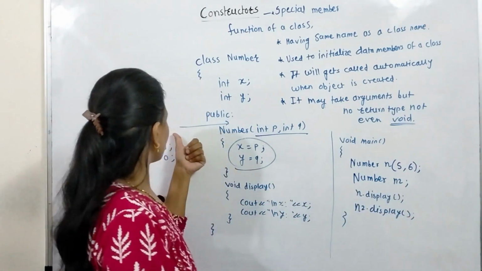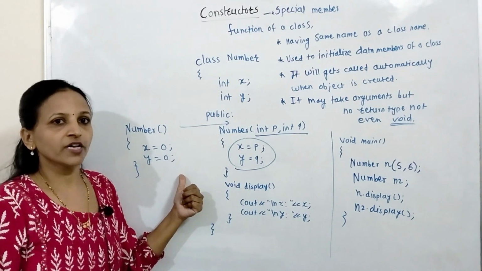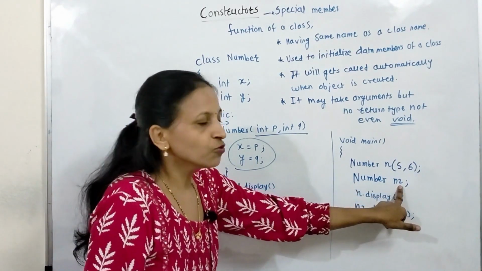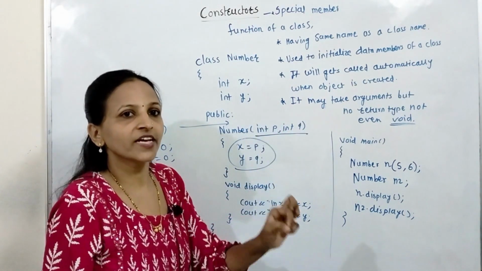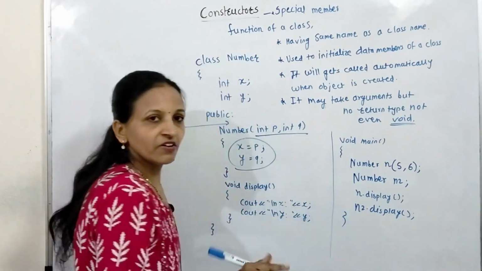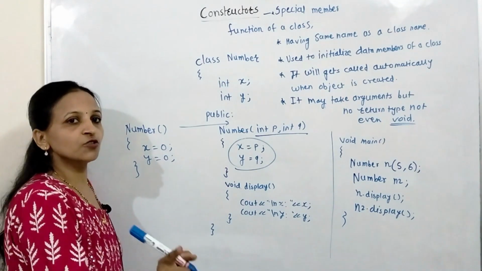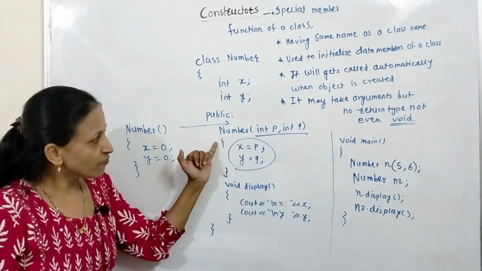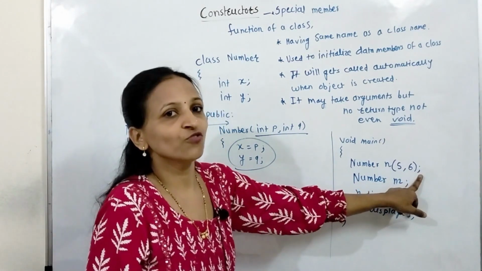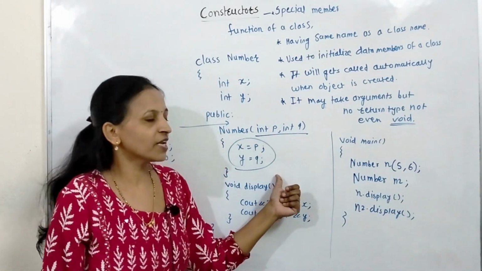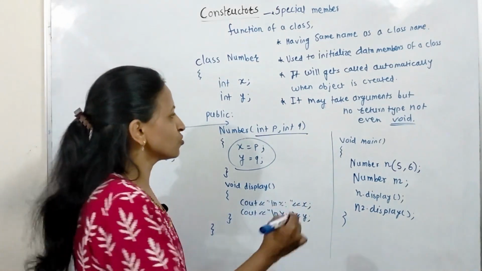That's why automatically this constructor will be called, and for n2, whatever data members x and y, to those the 0 value will get set. Means whenever we call n2.display, we will get 0 values displayed. And whenever we call n.display, automatically the values 5 and 6 will get displayed, because here the parameterized constructor will get called.